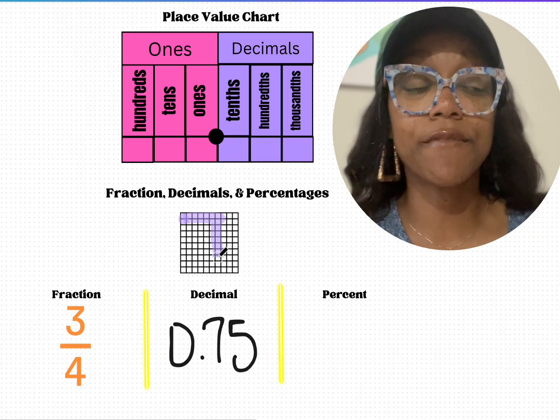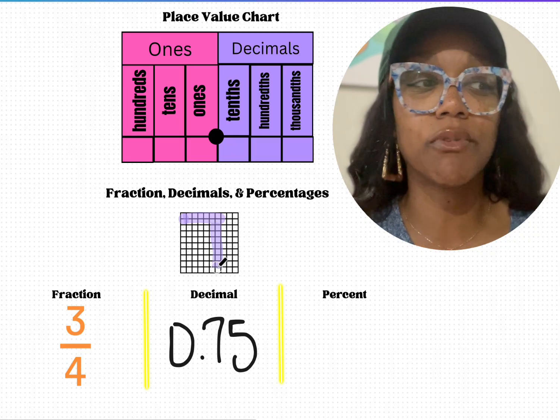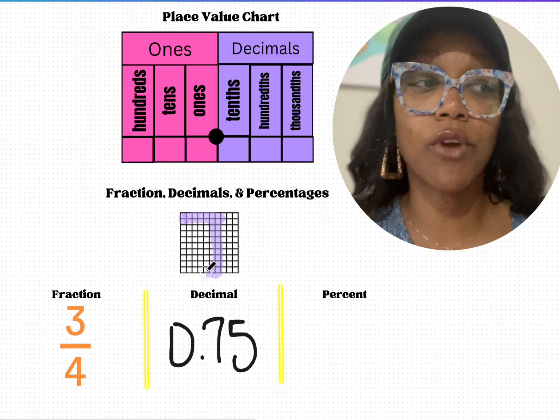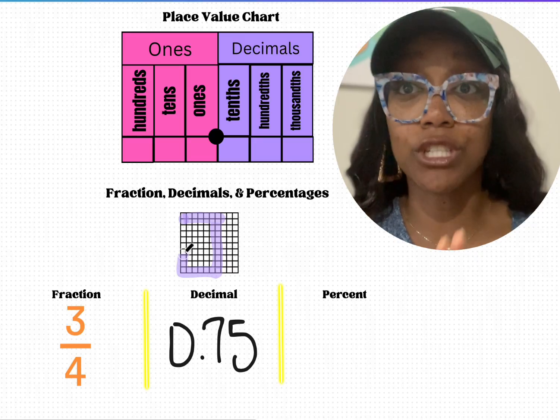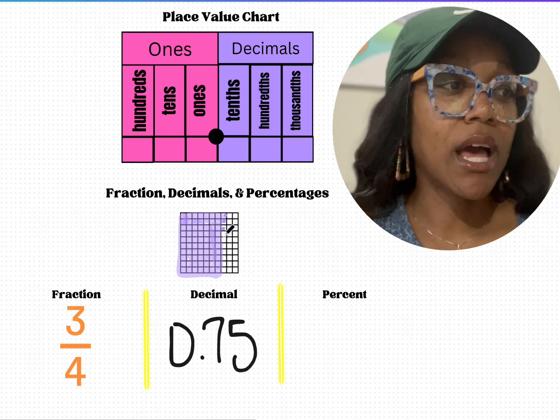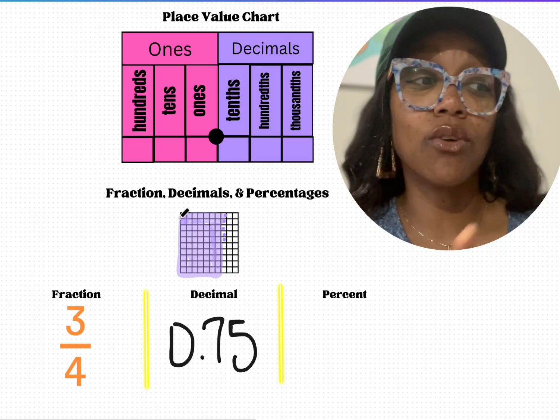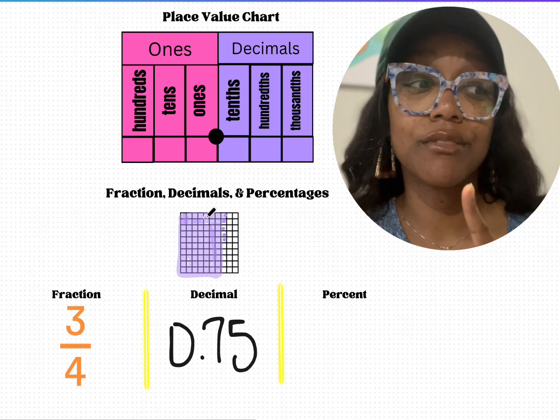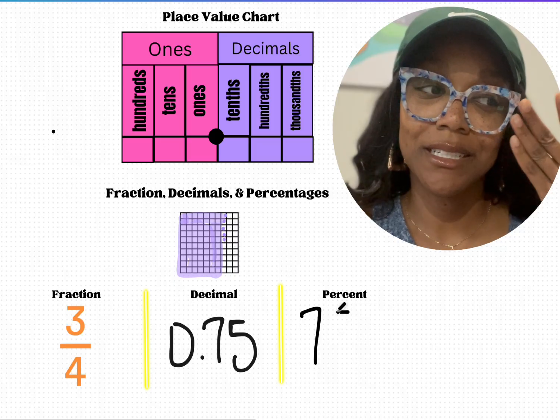And they should know how to fill in 100 grids because they should have learned this before 6th grade or whatever grade that you're teaching this, depending on your state. So now I have 75, and I know that percents are out of 100, so I have 75%.